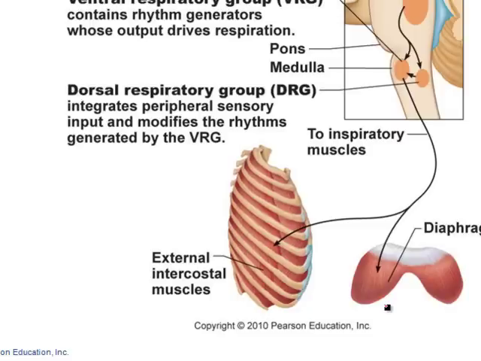And the ventral respiratory group, the VRG, are going to work together to help respiratory rate function properly so I can have the proper pH. So we have things that speed up respiratory rate, things that slow down respiratory rate. And they all are going to interact together to help regulate respiratory rate by regulating the muscles of the intercostals and the diaphragm. Yes? So, know a little bit about those guys.